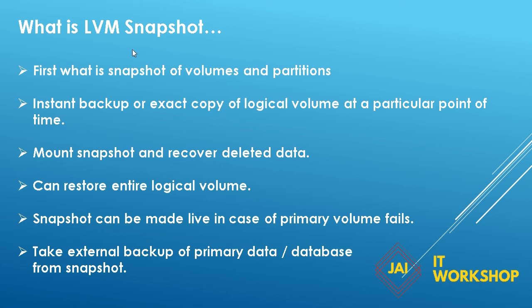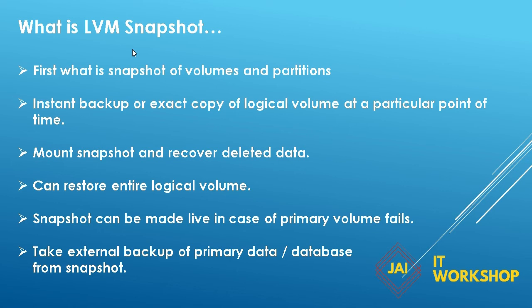What happens when you take a live backup from a primary storage? If your database is running and you don't have a proper backup tool, the files are locked, or if you don't lock the files, your data consistency will be lost when you take a backup.